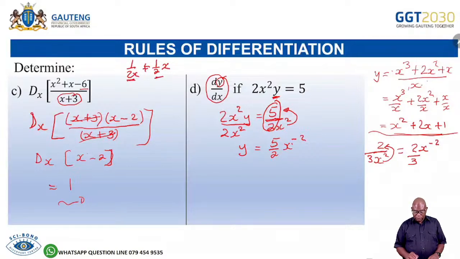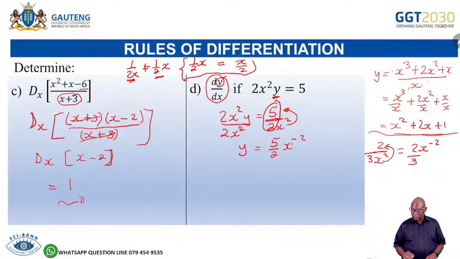This is not the same as that. So if I've got 1 over 2x, this is the same as x over 2. Remember, I've done it in an earlier question. So which means that if I've got 1 over 2x, I can then take the x up, then it becomes x to the power minus 1. So that's what I've done there.